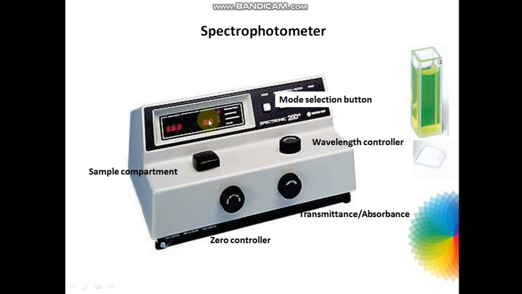For that, the mode selection button is utilized. This side is the wavelength display, for which the wavelength controller is used. So these are the essential parts of the spectrophotometer.